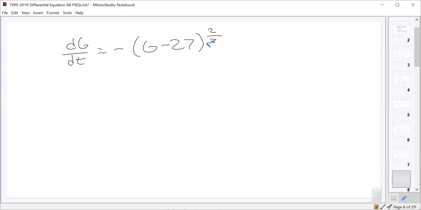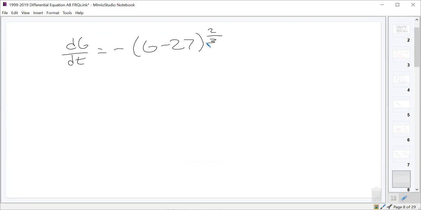Okay. And I think it's important for us to just briefly talk about this, that because the variable on the right-hand side, the only one that we happen to have, which is g, is the top part of our differential here, that tells us that this is a separable differential equation. And we must bring the g over to the left-hand side with the dg, and we must take the dt and bring it over to the right-hand side.